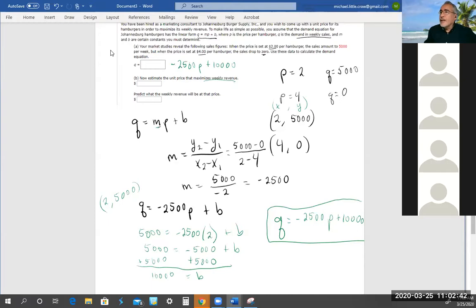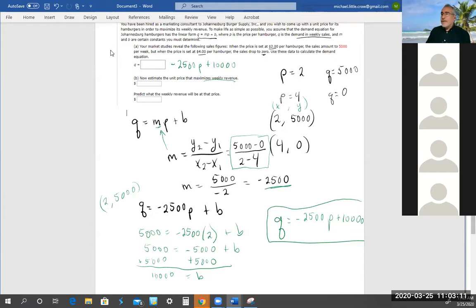So we put the Y values in: 5,000 minus 0 on top, 2 minus 4 on the bottom. Your numbers will be different, but you would do the same process to get that slope.